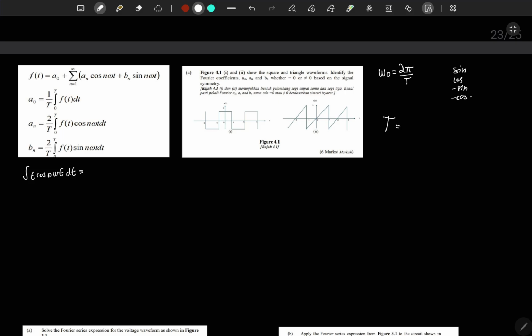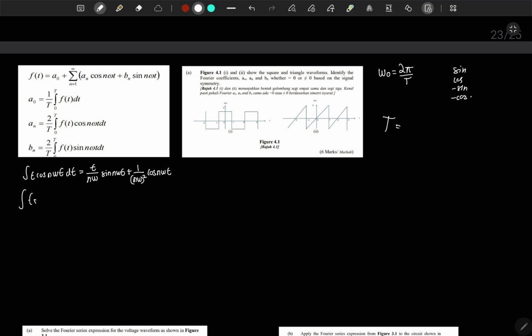The easiest way is, first you write t over nw0. Now if you integrate cos, it would become sine. So sine, then you write back everything, okay, until there, then plus 1 by nw0 squared. So this is squared. Now you just write back the whole equation.